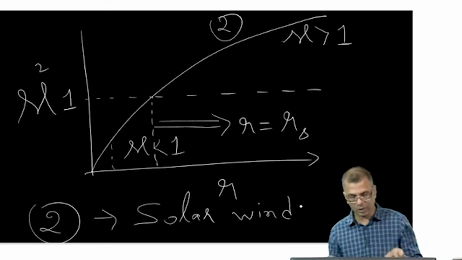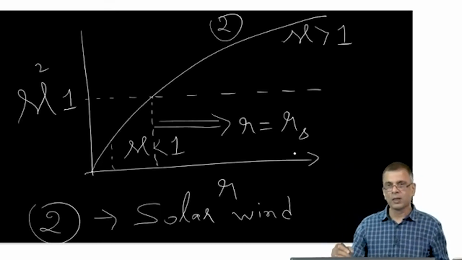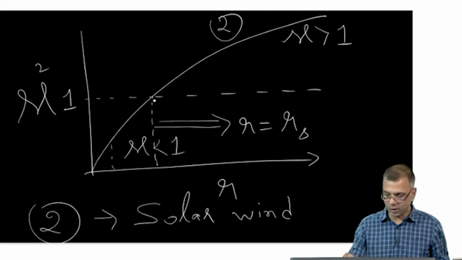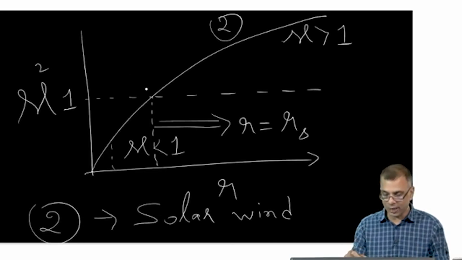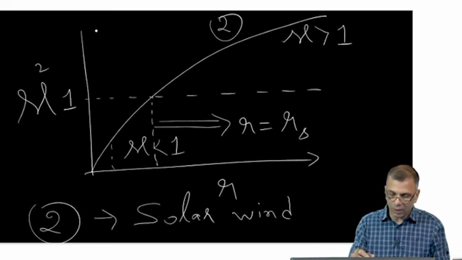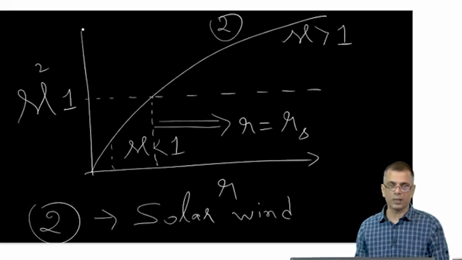When we met last, I had mistakenly said that solutions of the kind 1, which look like this and are also transonic, would be appropriate for the solar wind. But the mistake there is that solutions of the kind 1 which look like this are supersonic at small r. That's not what we want.